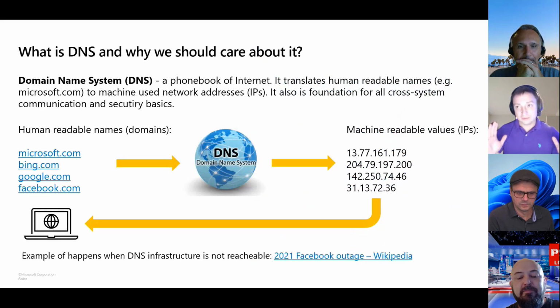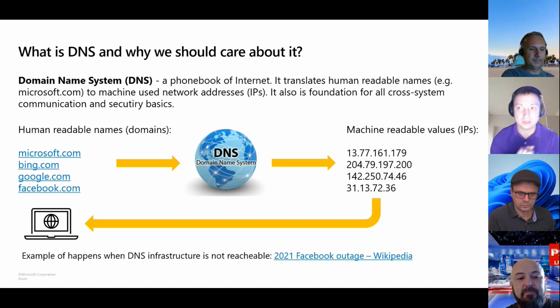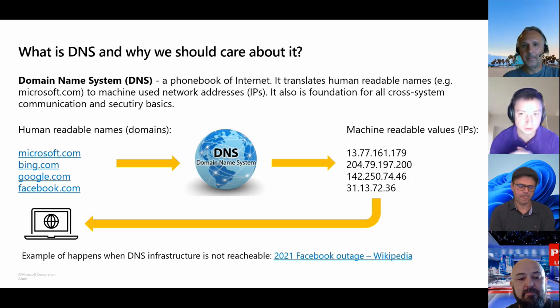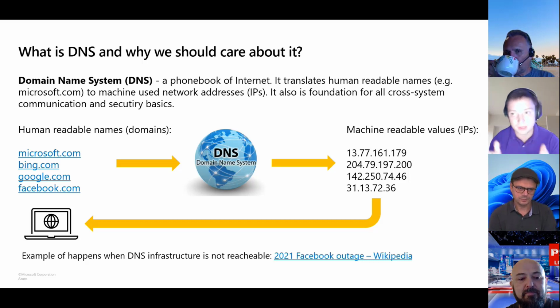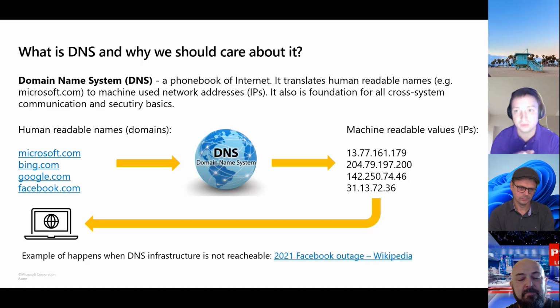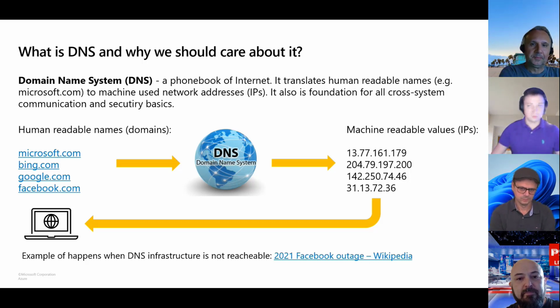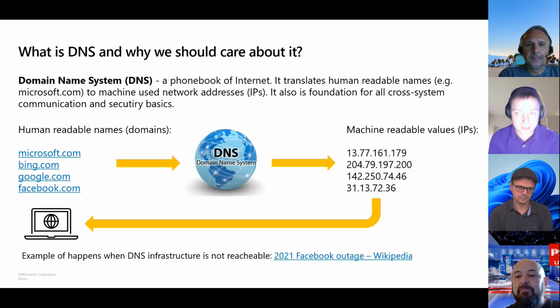So just to set the stage, I would like briefly to explain what DNS is and why it is so important for cross-computer system communication and interconnectivity. DNS, or Domain Name System, in a nutshell is the phone book of the internet. To explain it in simple words, it translates human-readable names like Microsoft.com, Facebook, Google, whatever services people consume, to machine-used network addresses, which are IP addresses.